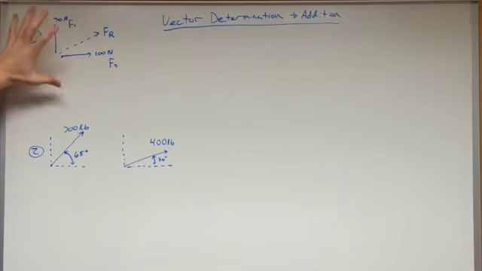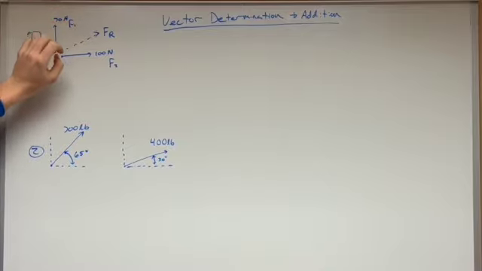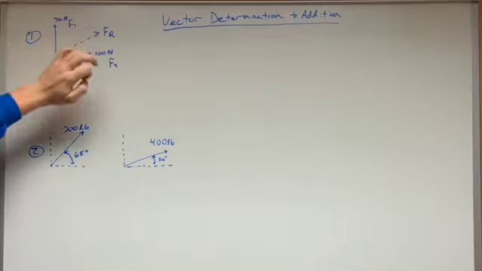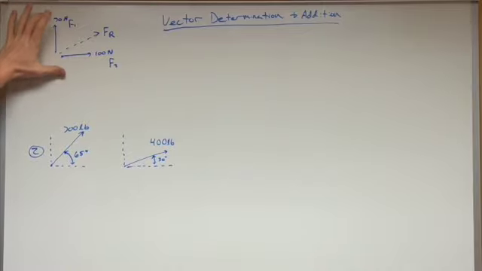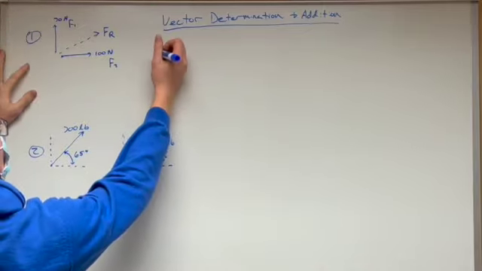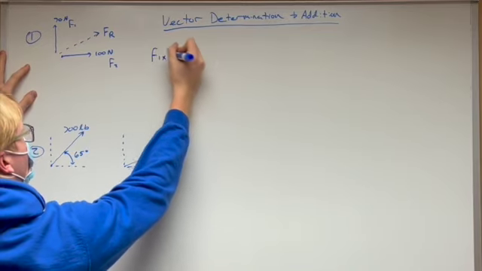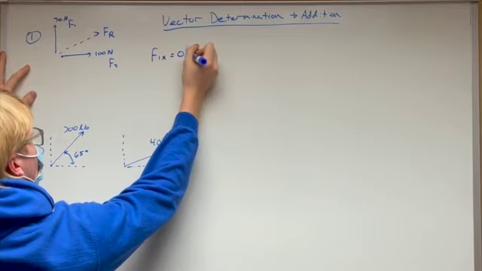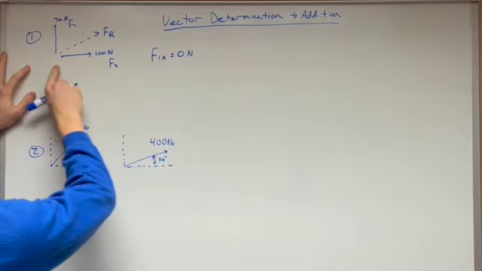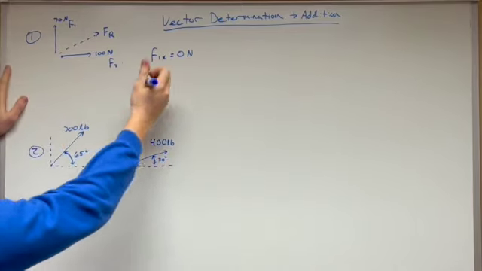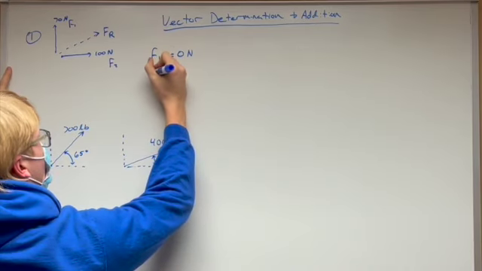So if you could visualize an x and y axis on my picture here, the F1 of x is 0 newtons because it's not going in the x direction at all. And all the force is in the y direction. Correct.